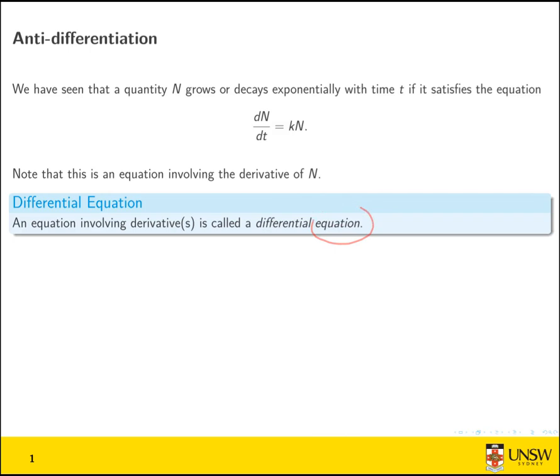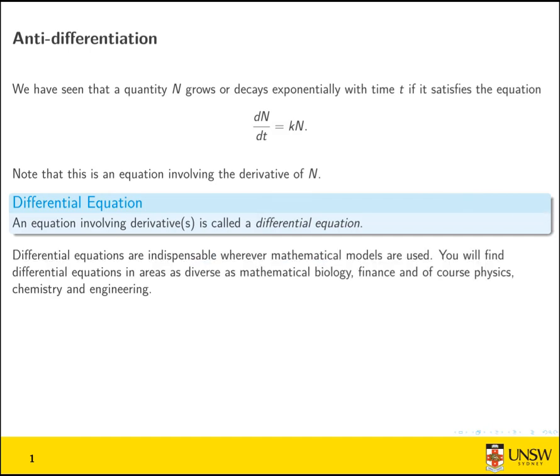Equation because there's an equal sign, and differential comes from taking the derivative, meaning there's a derivative function involved. Whenever you do some mathematical modeling, be it in biology, finance, physics, or chemistry, you will see differential equations everywhere, because these describe how something changes.